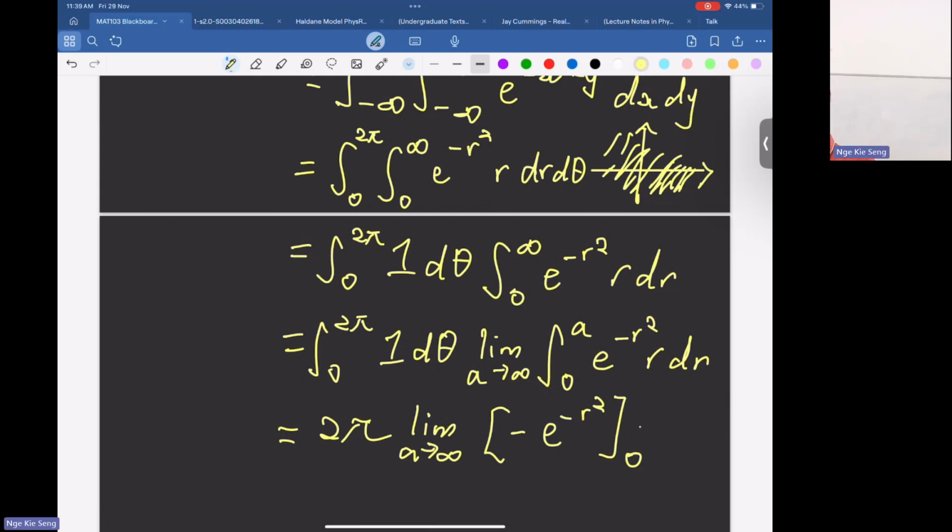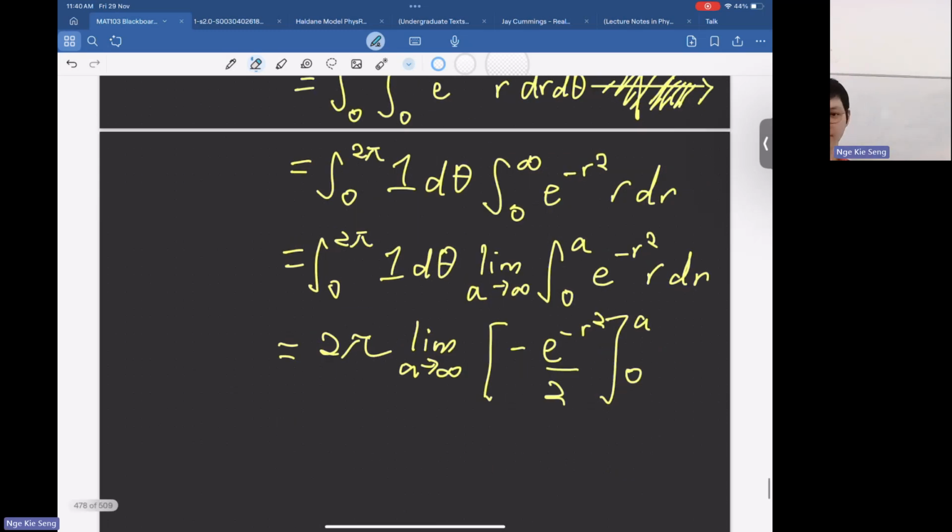还有一个 1/2 有吗？有，好像有。1/2 把它拉出来，放里面。OK, and then integrate from 0 to a，可以吗？大家算得到吗？Integration by substitution。OK, but what is this？2 pi 乘 1/2.